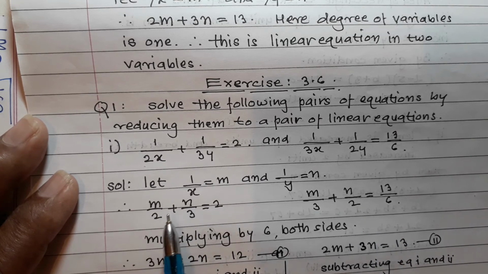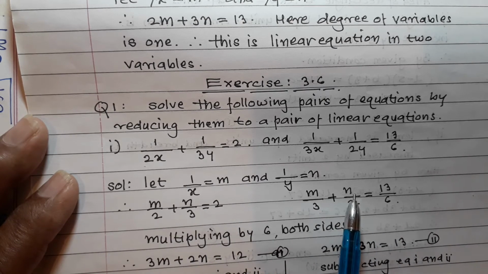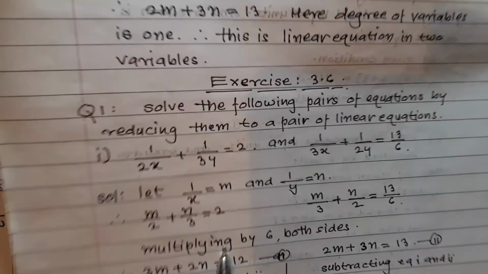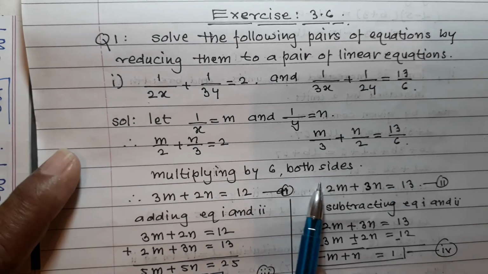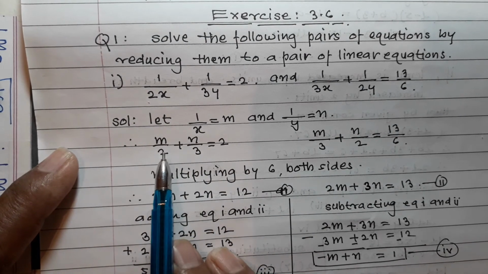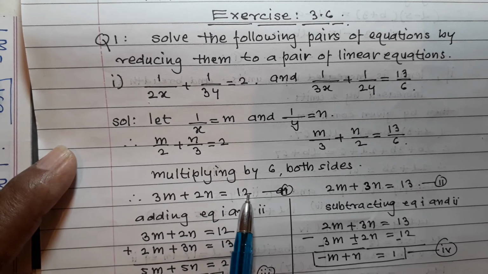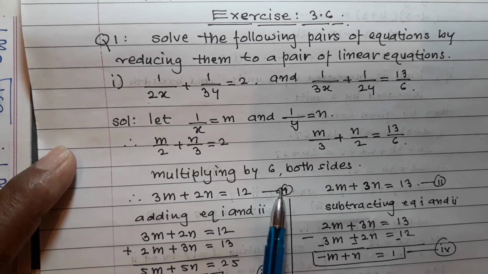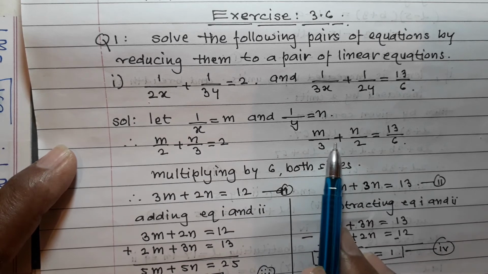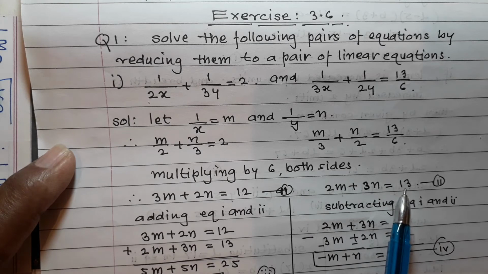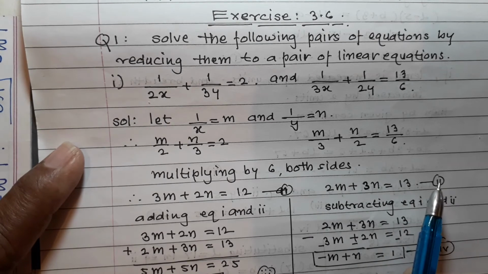Now multiply this equation by 6 and this equation by 6 so that the denominators get cancelled and you will have very simple equations. If you multiply by 6 both sides, this equation becomes 3m plus 2n is equal to 12. This is equation number 1, and this equation becomes 2m plus 3n is equal to 13, equation number 2.